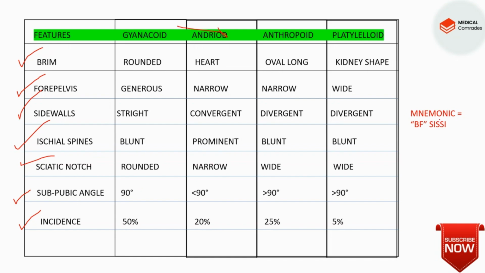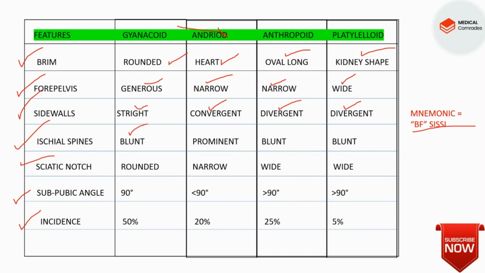To remember this, here is a mnemonic, BFCC. Gynecoid pelvis shape is rounded, android is heart shape, anthropoid is oval long shape, platypelloid is kidney shape. Forepelvis is generous in gynecoid, narrow in android, narrow in anthropoid, and wide in platypelloid. Side walls are straight in gynecoid, convergent in android, divergent in anthropoid, and divergent in platypelloid also.